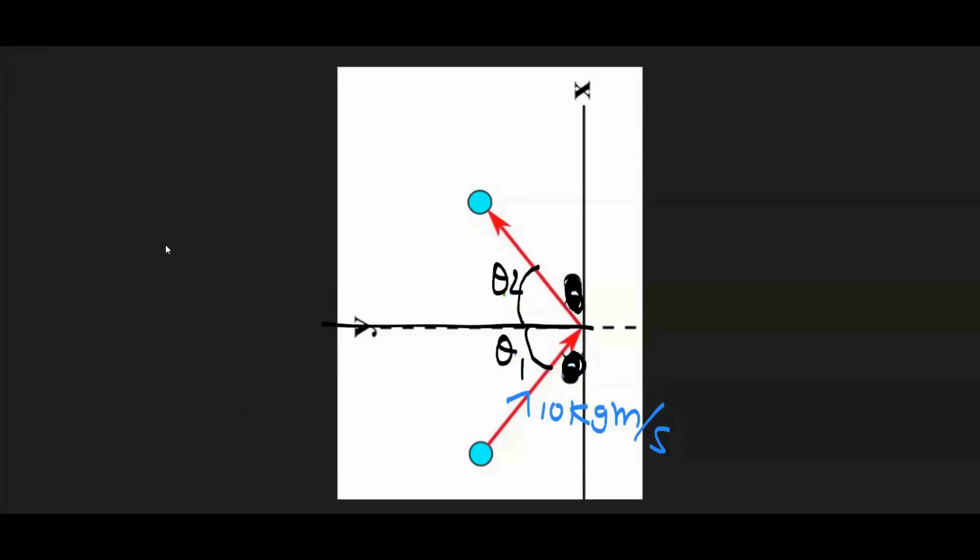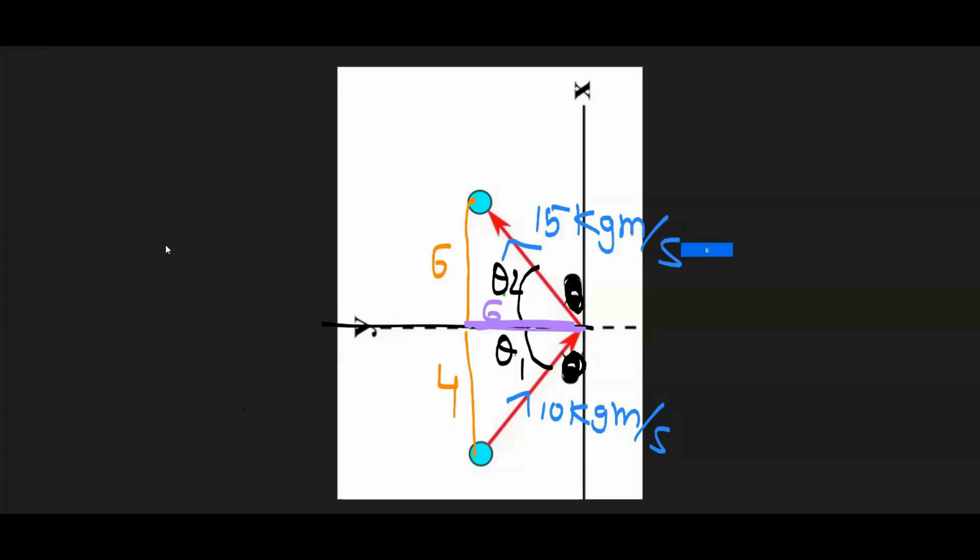The dimensions are one was 6, another one was 4, and the middle value is 6. The reflected momentum is 15 kg meter per second.